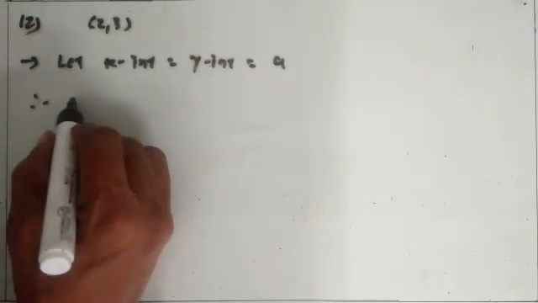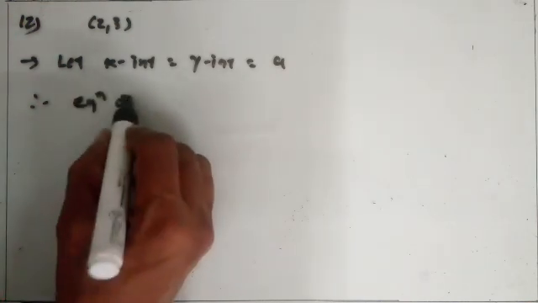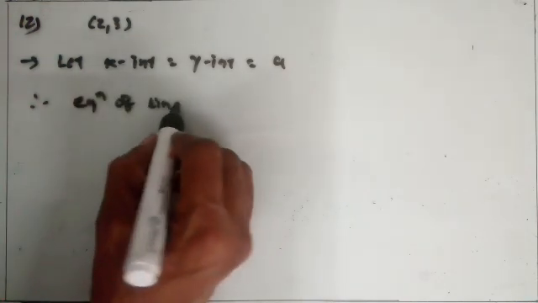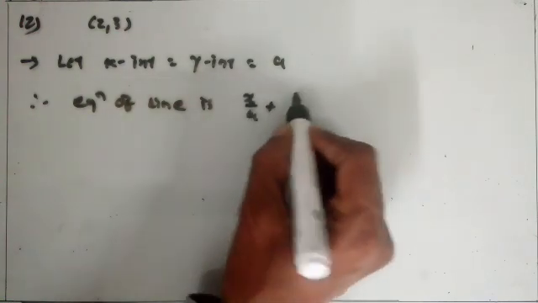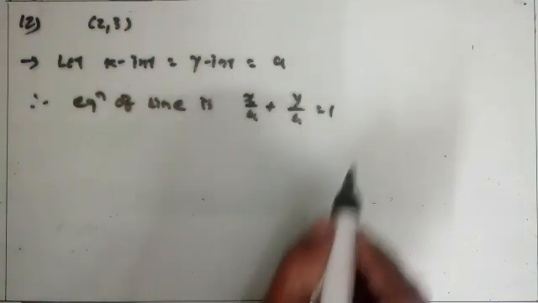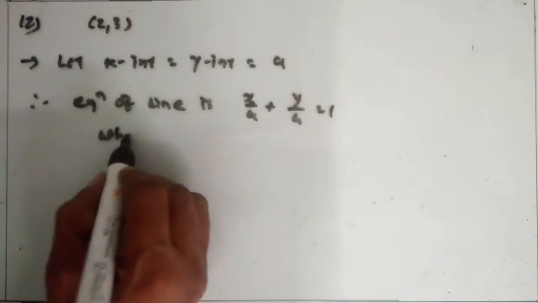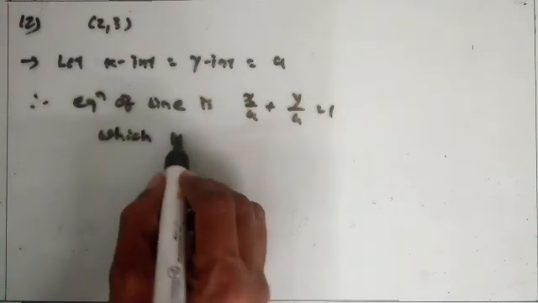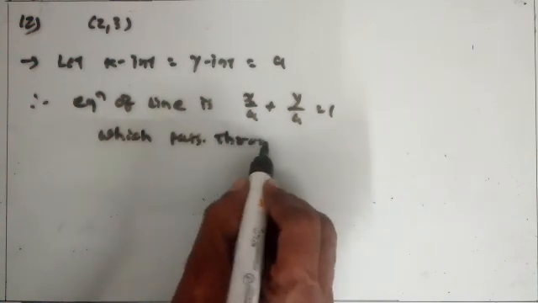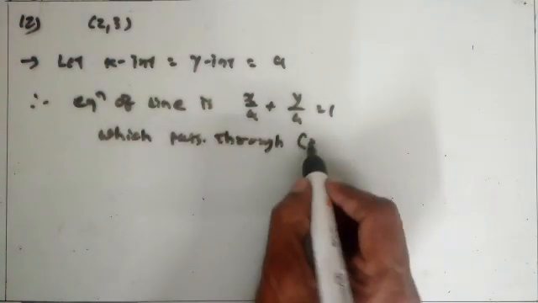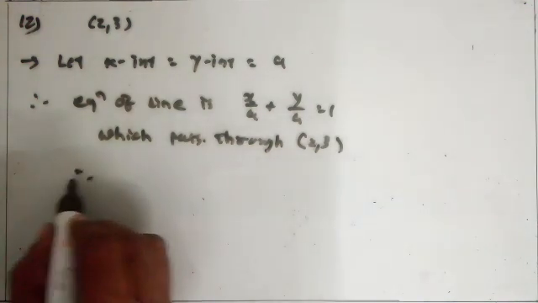Therefore, the equation of line is x upon a plus y upon a is equal to 1, which passes through the given point (2, 3).